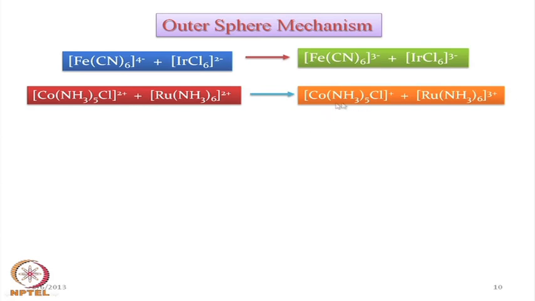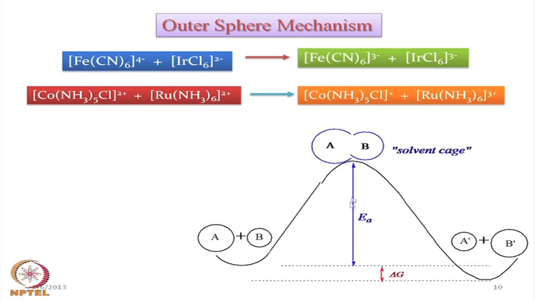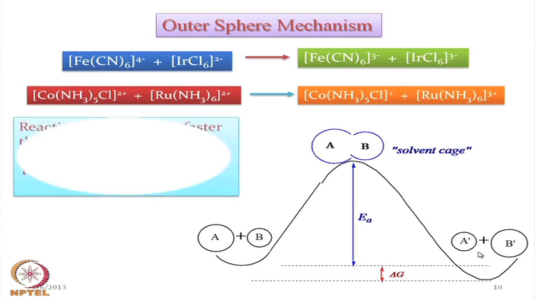In all these cases the coordination environment is not changing, the coordination environments remain intact, and we can have a corresponding solvent cage for these two. They are trapped inside the solvent cage, and within that cage the electron transfer takes place, and from this we can get the delta G0 value depending on the energy states of the reactants and the products.